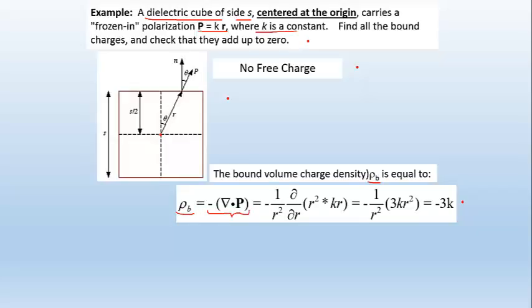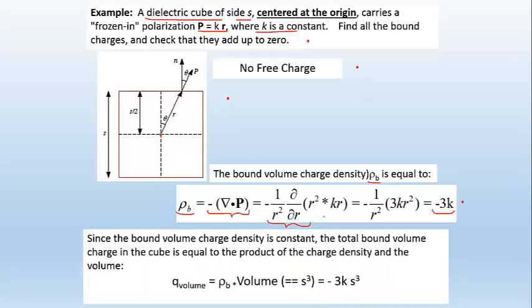Well, we're in spherical coordinates, so let's just take the divergence, which equals this quantity here, operating on kr, and the minus sign is this minus sign right here. So taking all the derivatives, we end up with minus 1 over r squared, 3k r squared, the r squares cancel, and we end up with a constant charge density inside. So it's just a number, it's a scalar, and everywhere inside it's the same value.